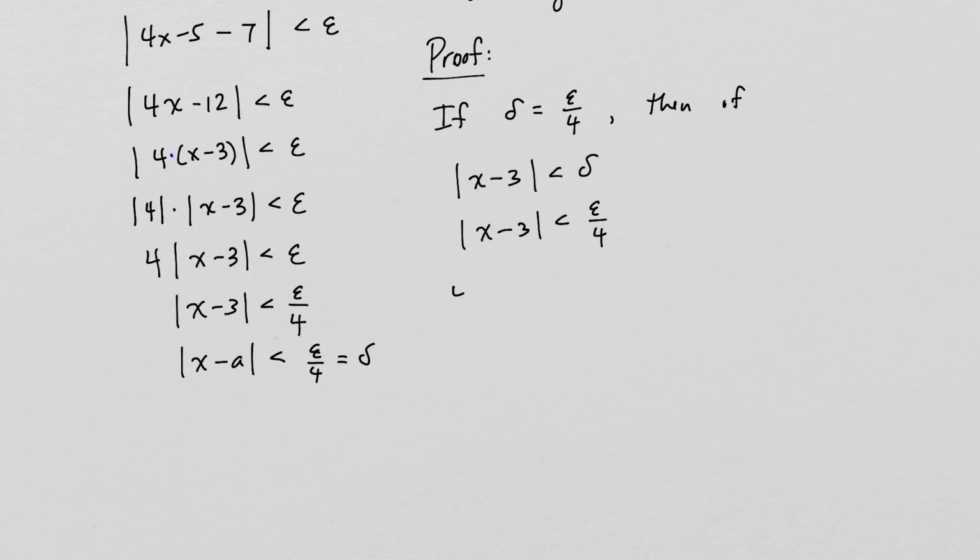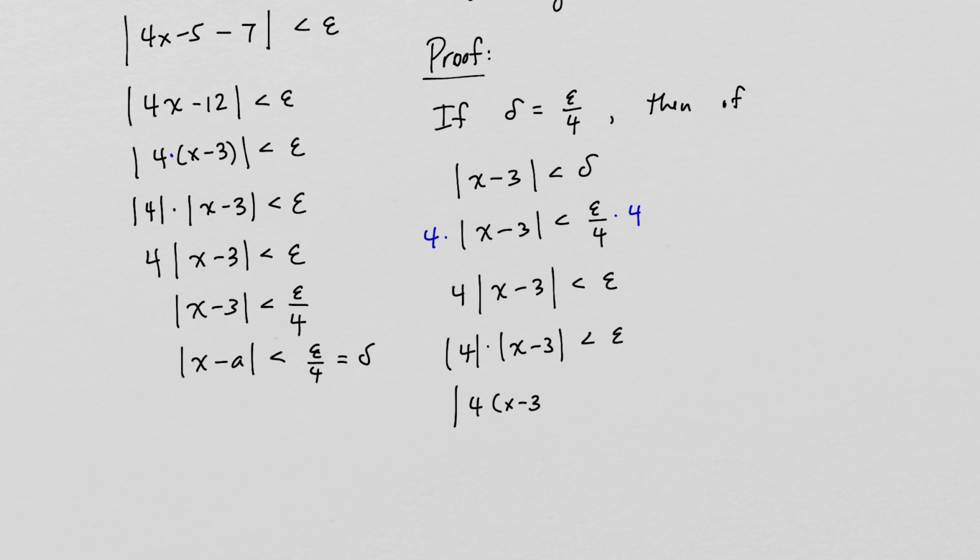And if I multiply both sides by 4, I get 4 times the absolute value of x minus 3 is less than epsilon. So all I'm doing here is multiplying the left and right side by 4. But we know that 4 is the same as the absolute value of 4. And so we have the absolute value of 4 times the absolute value of x minus 3 is less than epsilon. And now I can combine this into a single absolute value.